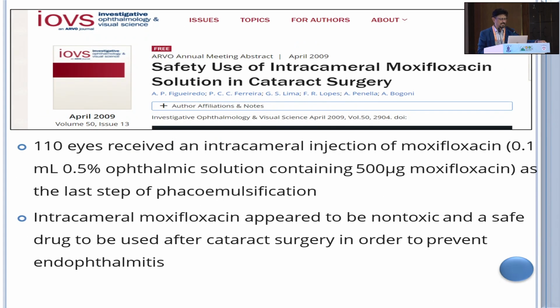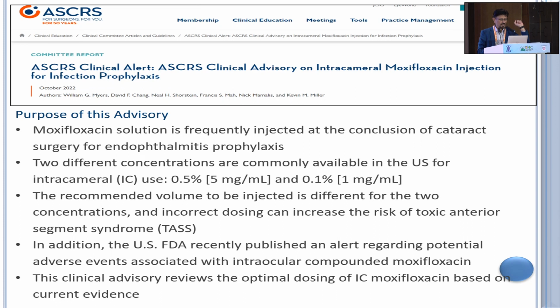This is another study which has shown that intracameral moxifloxacin is non-toxic and safe, but the dosage should be 0.1 ml of 0.5% solution. Now, this is the ASCRS clinical alert. It was an advisory that was published in the year 2023 in JCRS. It has been done by a good friend of mine, William Myers, in association with a big shot of cataract surgery, Dr. David Chang.